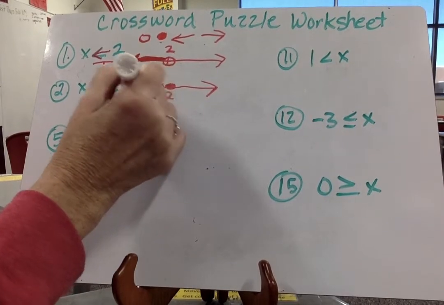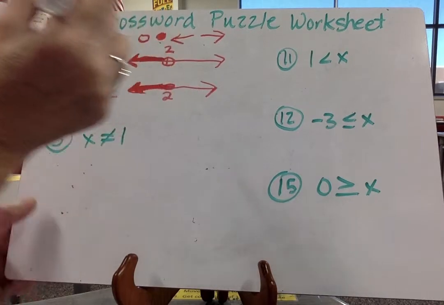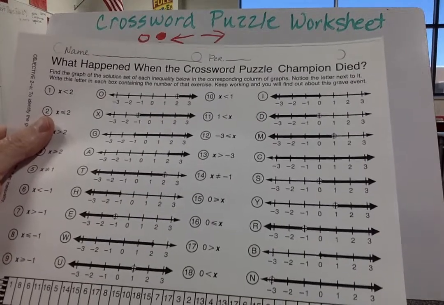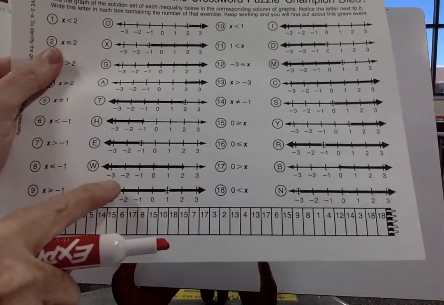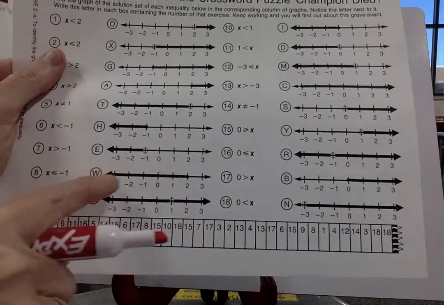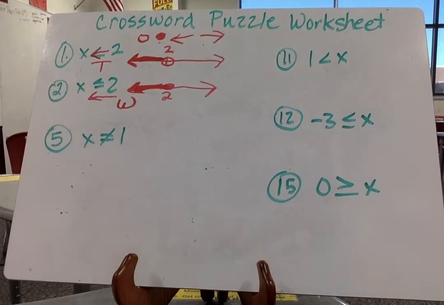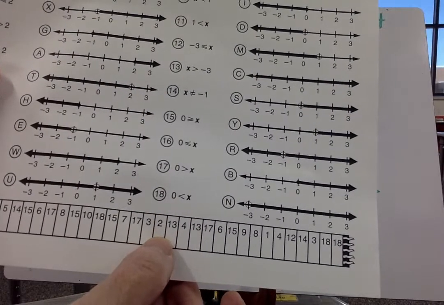So there's only a little bit of difference between 1 and 2, right? So it has to be a closed dot rather than an open dot. So I look at 2 for a closed dot and shaded to the left, and I see that at W right there. So number 2 is going to be W. So down at the bottom, wherever you see a 2, you put a W there. Okay.